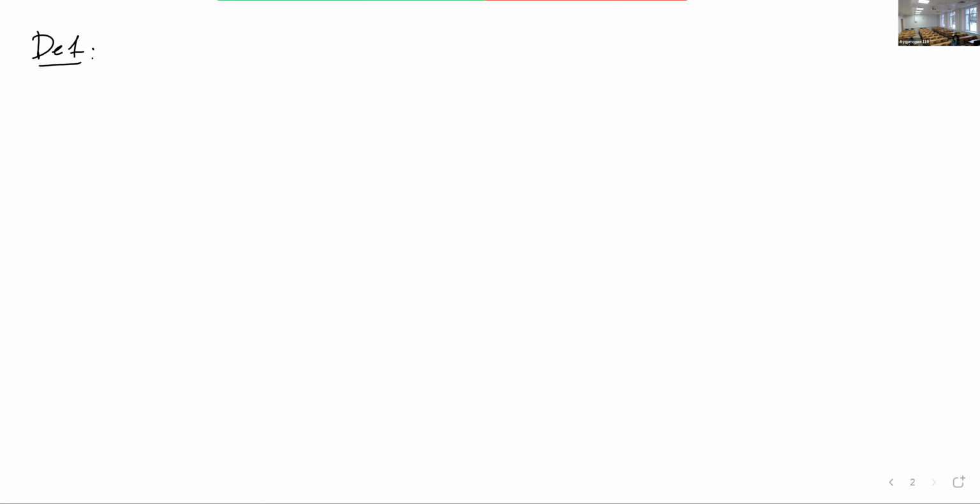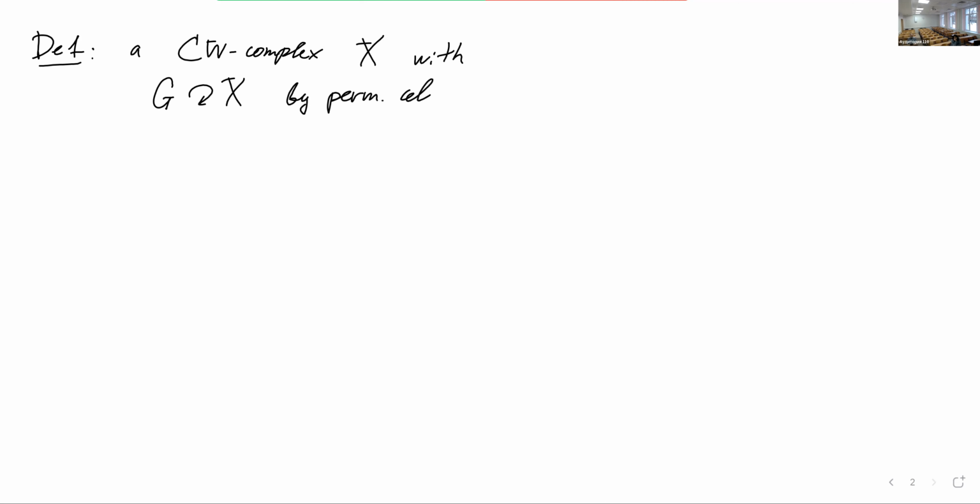So let's call a CW complex X with an action of G on X, which permutes the cells, a G complex.